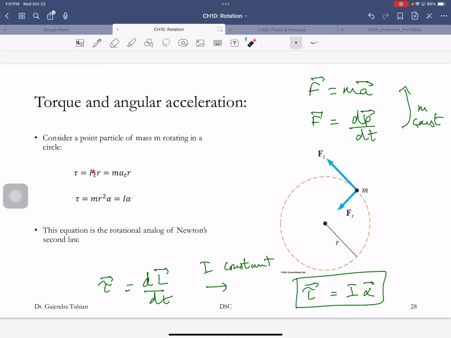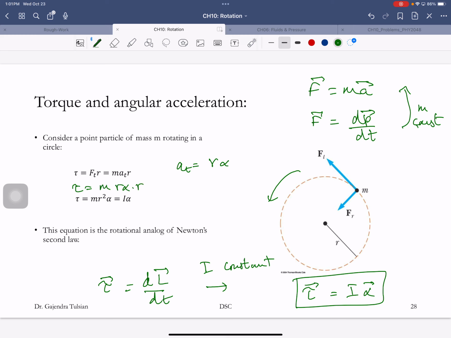But when you apply this force, you gave it a tangential acceleration, m times a_t times r. But as the speed is increasing, it has an angular acceleration as well. So this tangential acceleration, you saw, can be given in terms of angular acceleration like that. Okay. So torque will be m times r alpha times r.